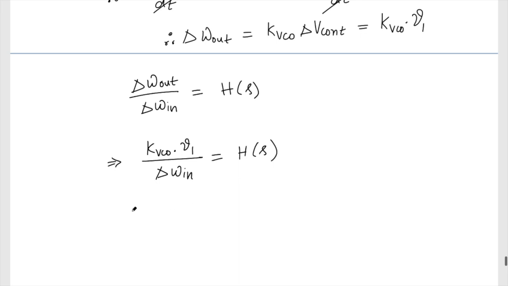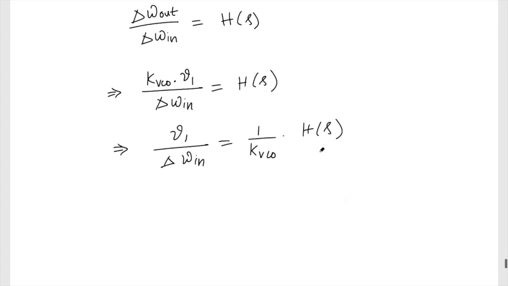This implies that the change in the control voltage because of the change in the omega in happens to be KVCO times HS. So by seeing the behavior of HS, we can see how much my V1 is changing.